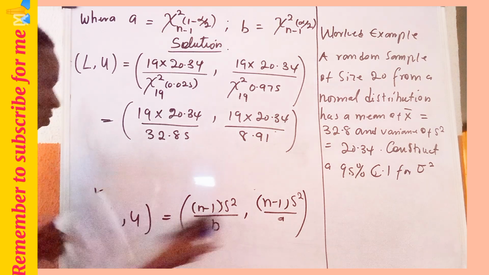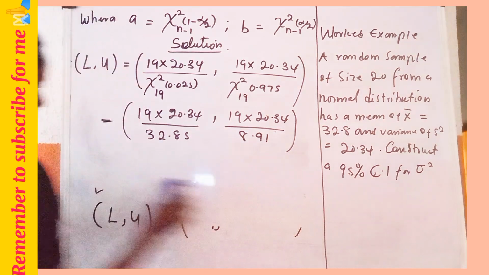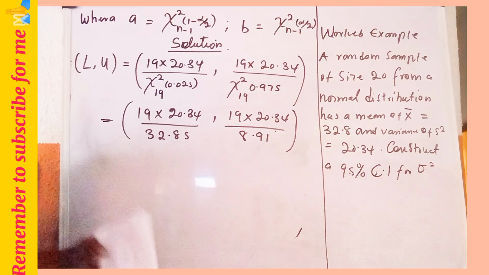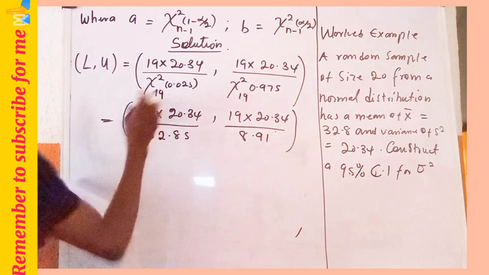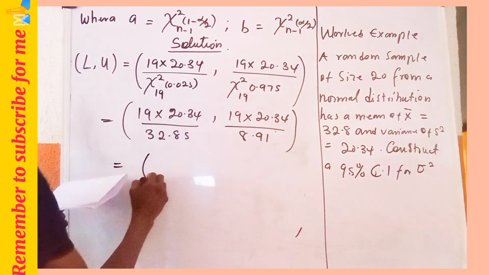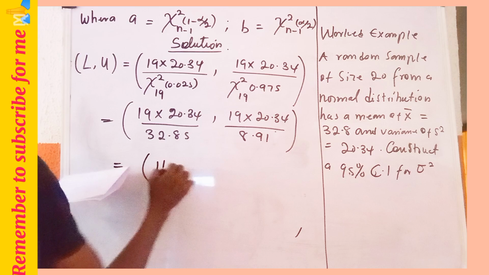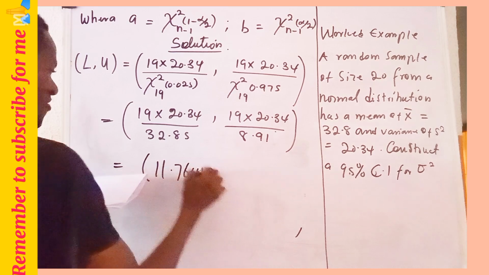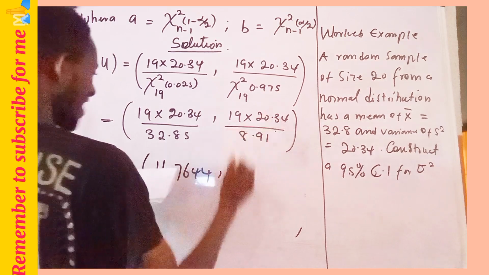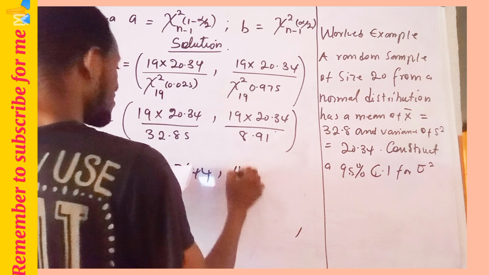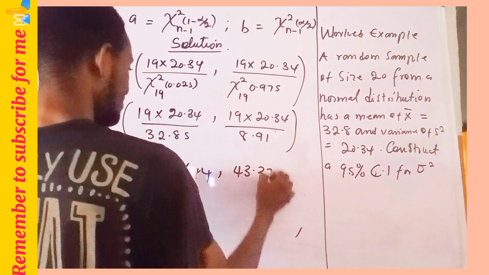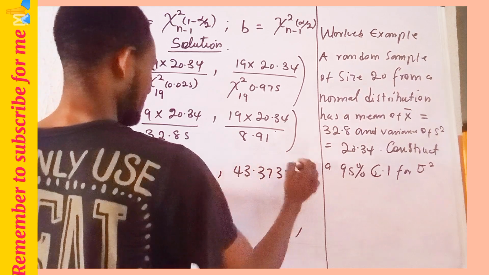So permit me to equally clean here. When you divide the whole of this, what you are going to get is 11.7644. And when you divide the whole of this, what you are going to have is 43.3737.